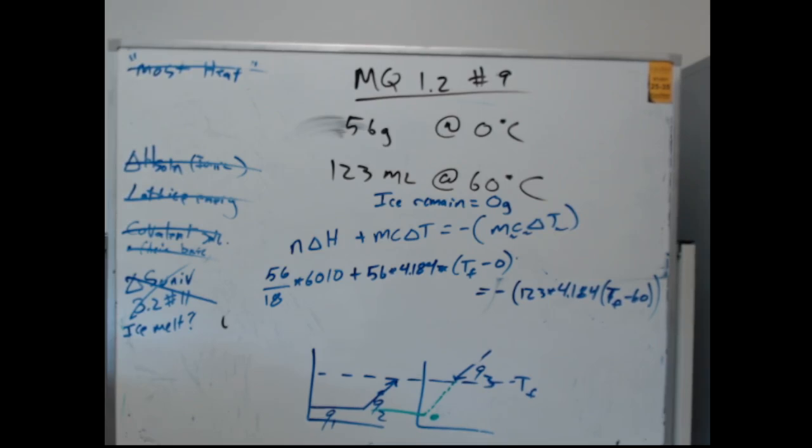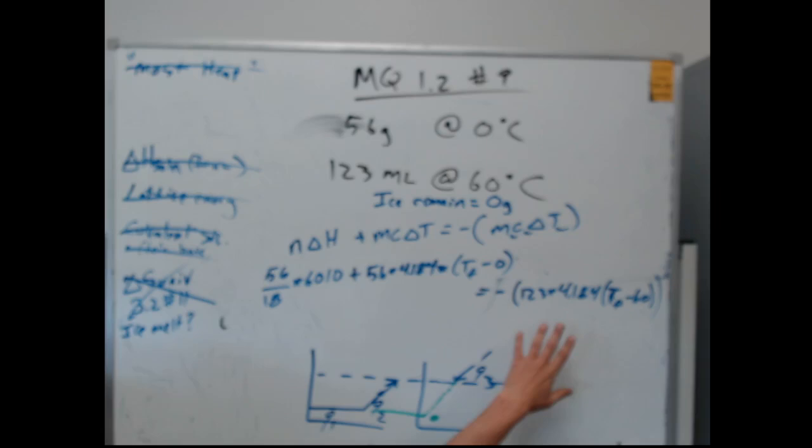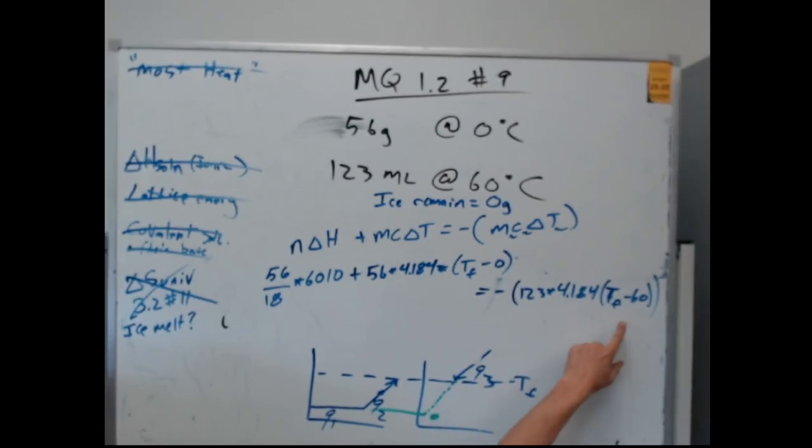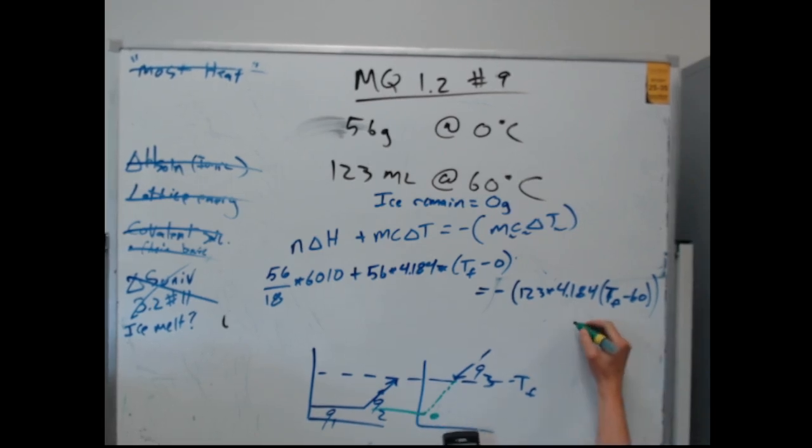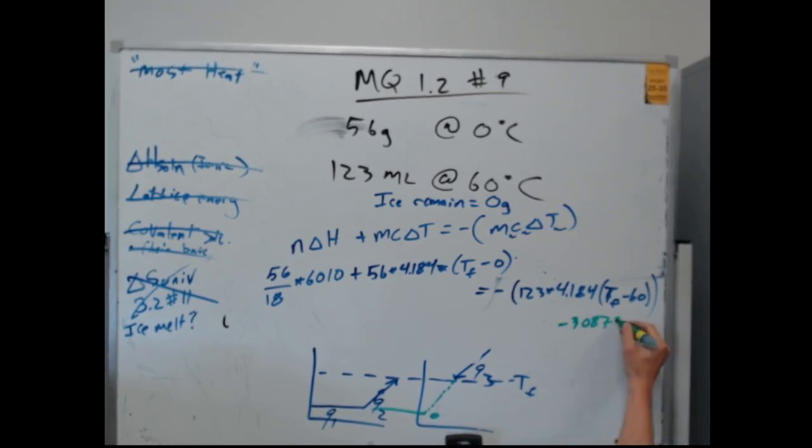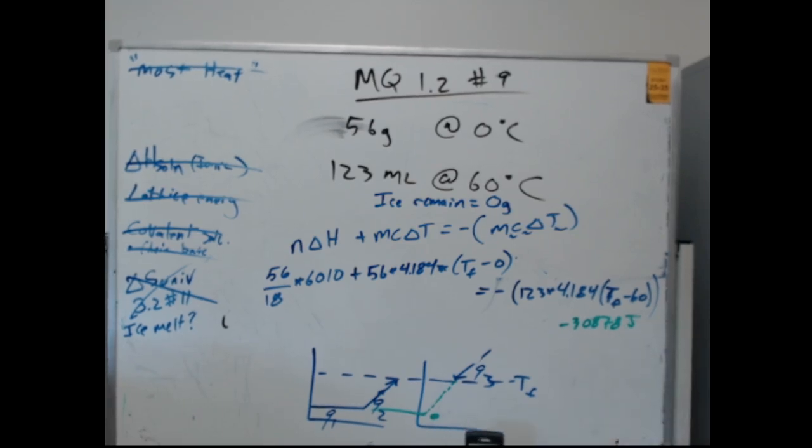The place where you get to that is when I do this multiplication, 1, 2, 3 times 4.184 times 60, that's going to give me my maximum energy. It's going to be the same number we saw before. So this is going to get me negative 30878 joules.